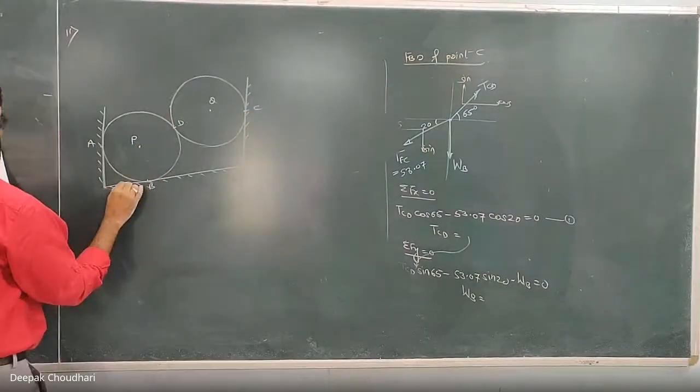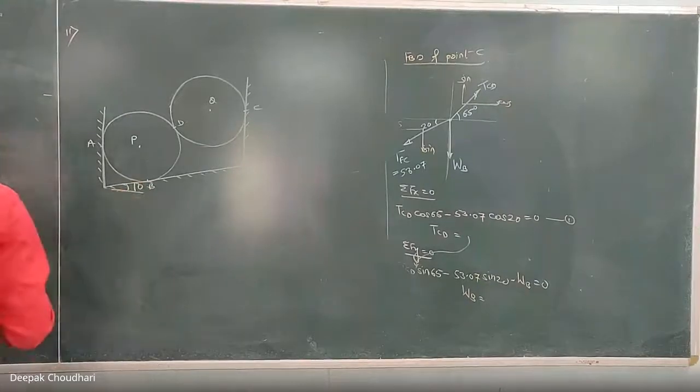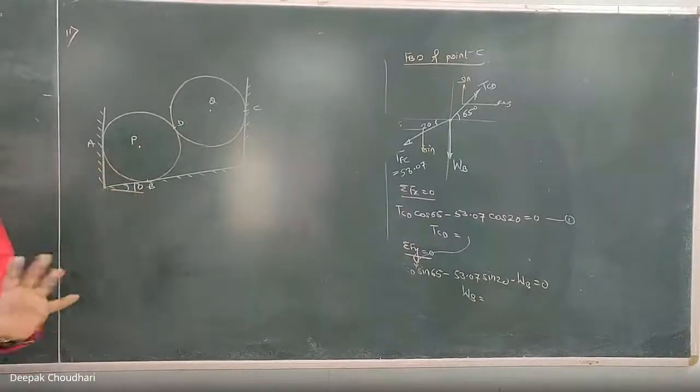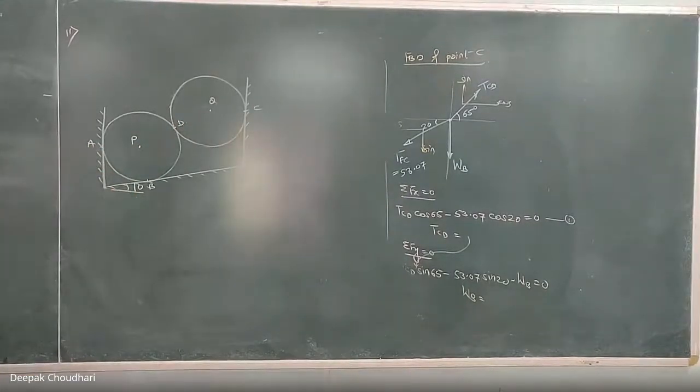This base is inclined at an angle of 10 degree with horizontal. Okay. Here, what is given in this question? Two identical cylinders. Here, these both are the identical cylinders. Identical मतलब दोनों का weight same है और दोनों का dimensions भी same है. Okay. Here, draw the figure properly.